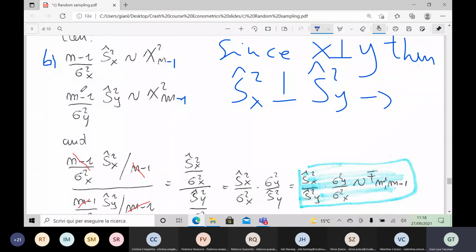So we can say that this chi-square with n minus 1 degrees of freedom is independent of the chi-square with m minus 1 degrees of freedom. Okay, guys?